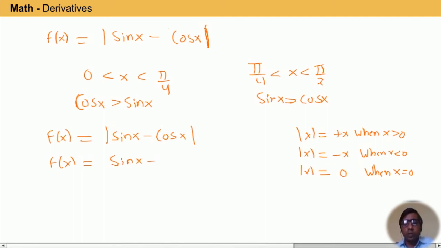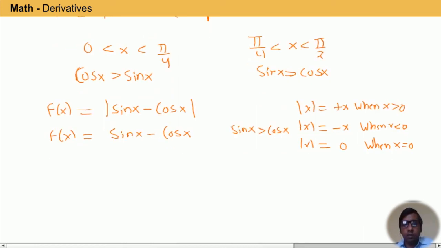So two cases. First, I am writing sin x minus cos x when x lies between pi by 4 to pi by 2, because in this case sin x would be greater than cos x. Second part we'll discuss later.